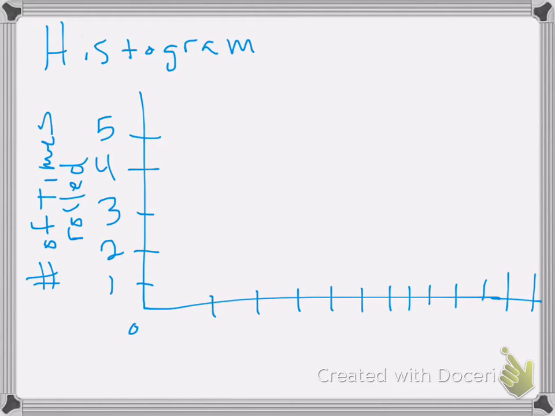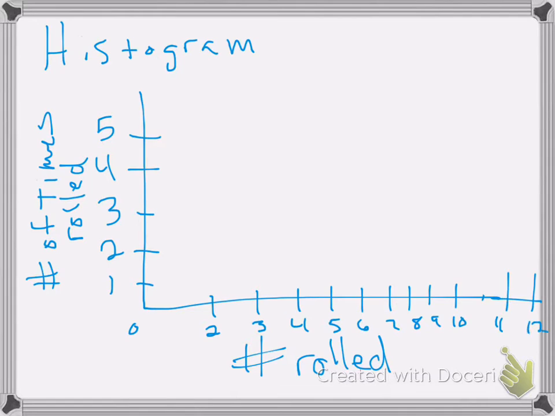And here I'm going to say number rolled, meaning what number did I roll. So we're going to say 2, 3, 4, 5, 6, 7, 8, 9, 10. If you rolled an 11 and 12.